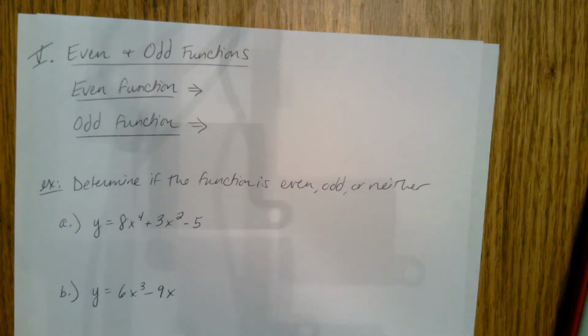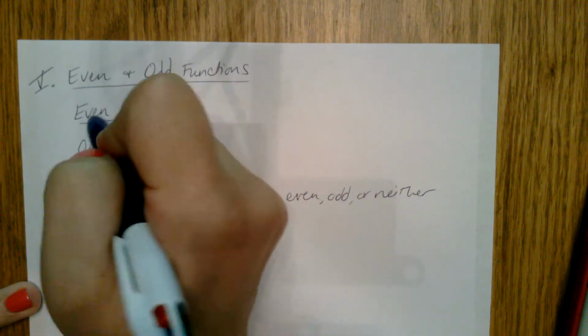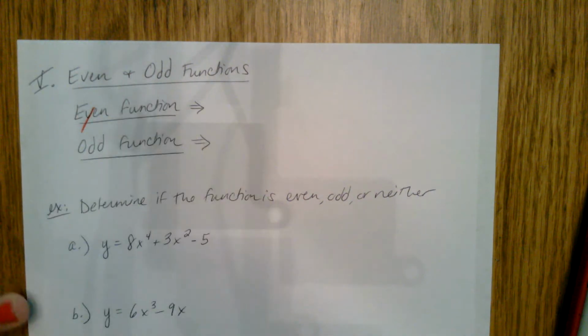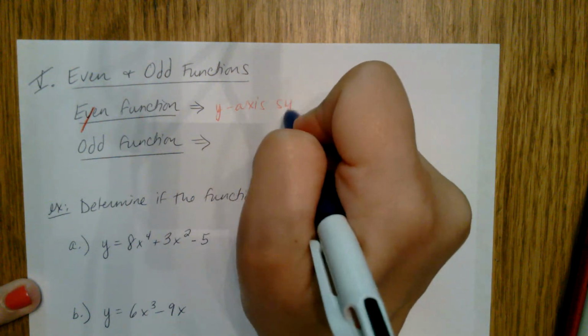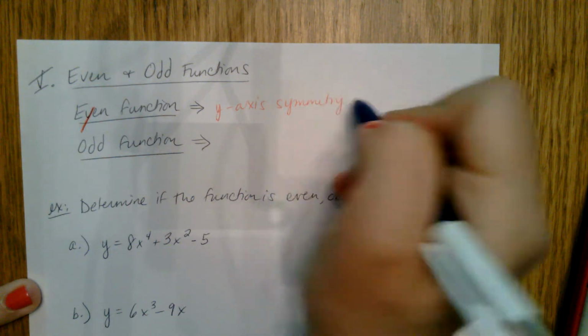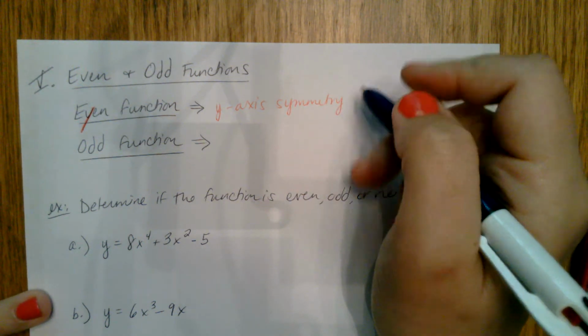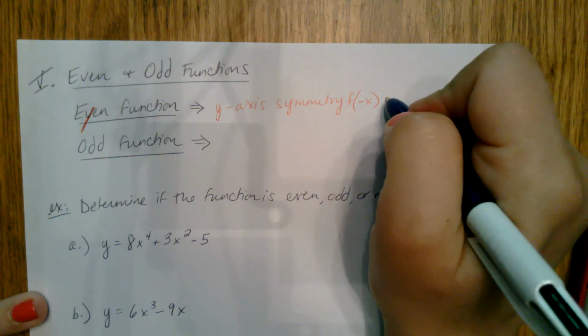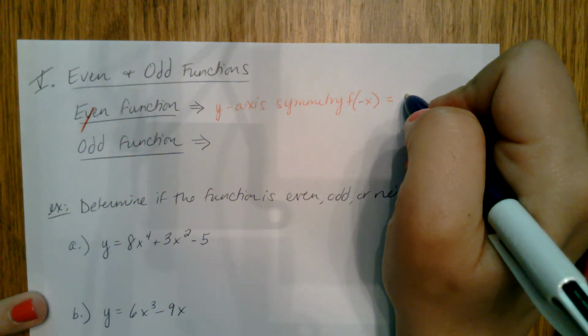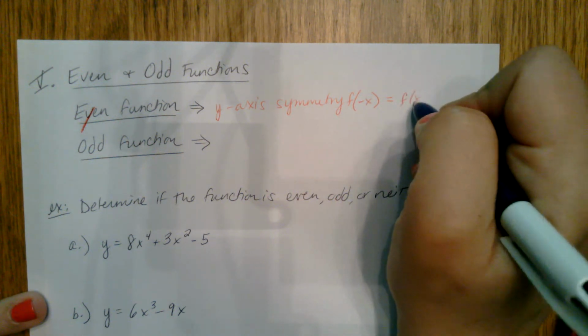So here's how to remember if a function is even or odd. If it's even, put a little y right there, it has y-axis symmetry. Or, what did we just learn from before? You can plug in a negative x into the function and get out the original function.